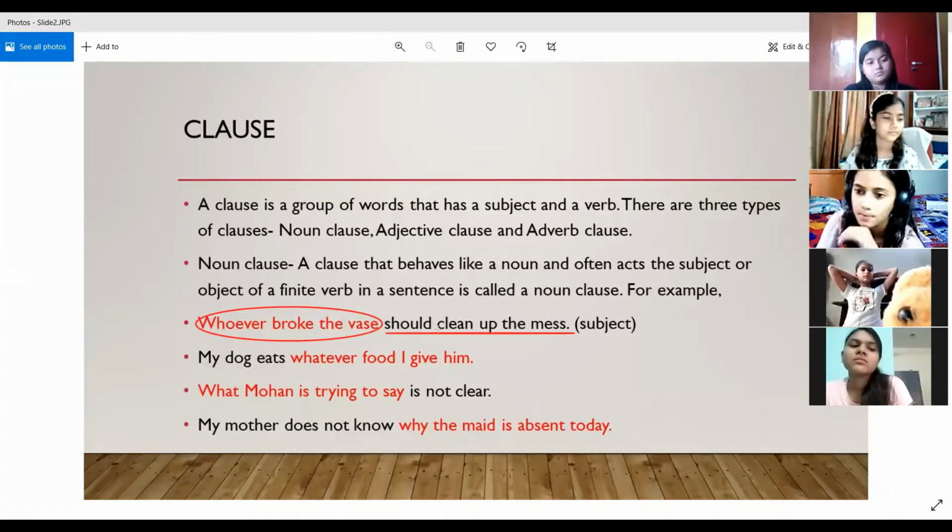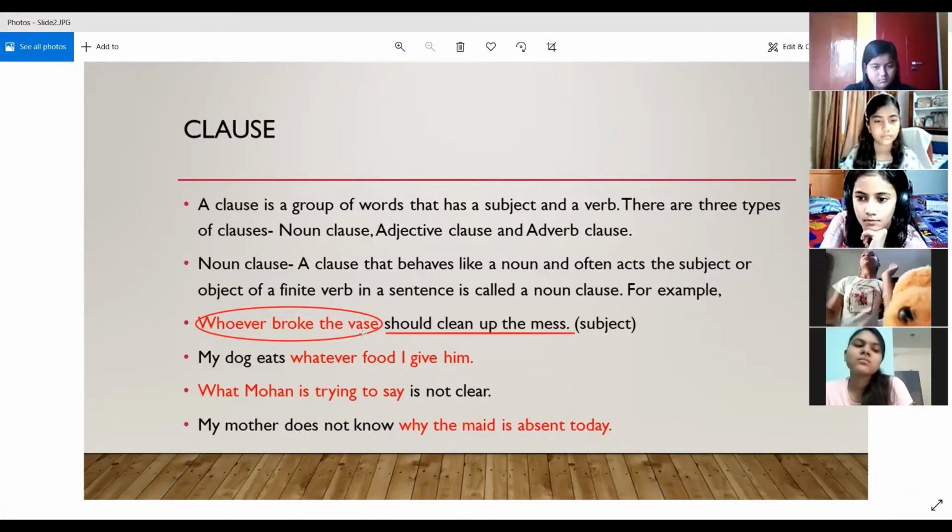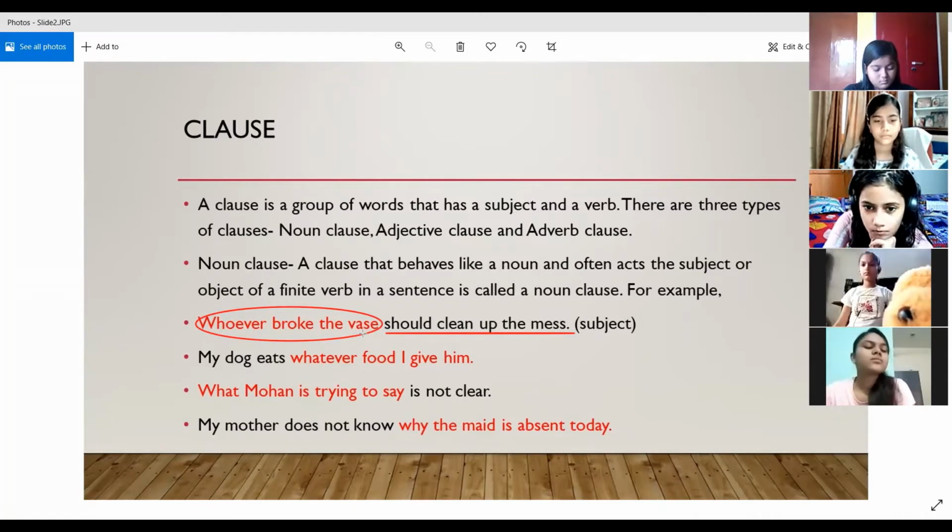This part is acting as a noun. So we have understood that this group of words present here is acting as a noun. Now we will look into this group only, whether a verb is present in it or not. This is the process that we are going to follow.